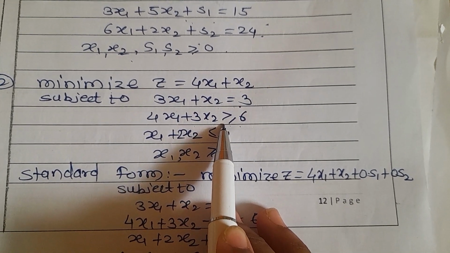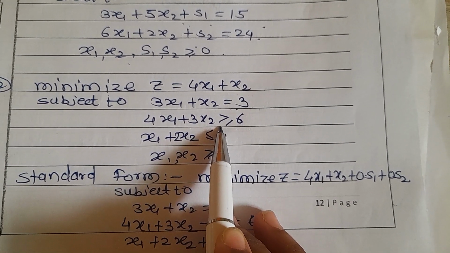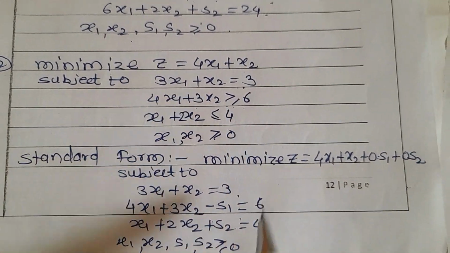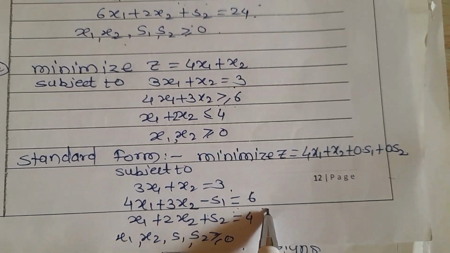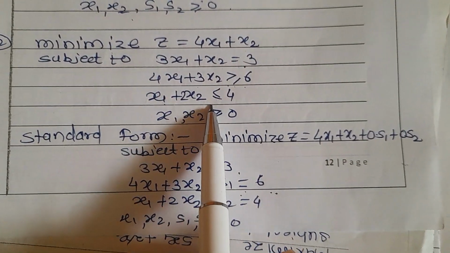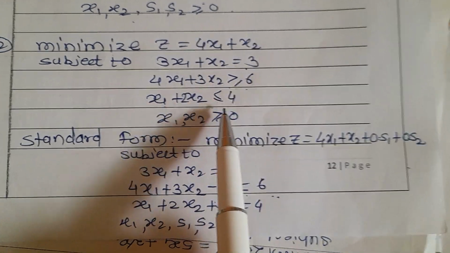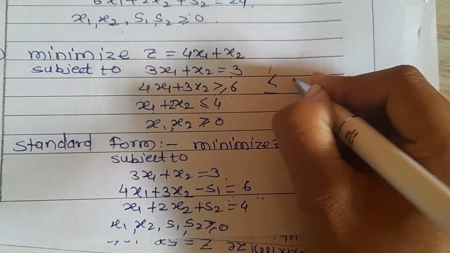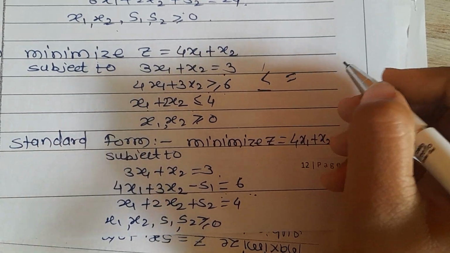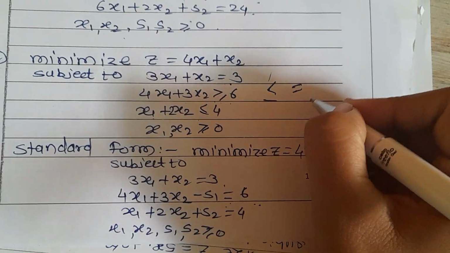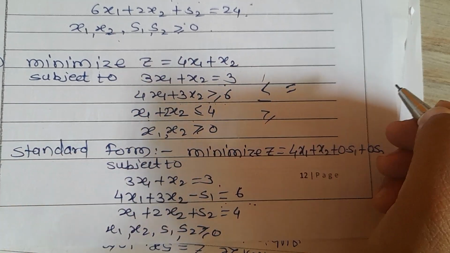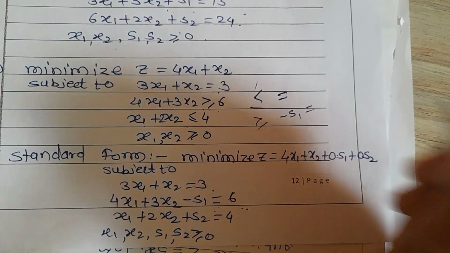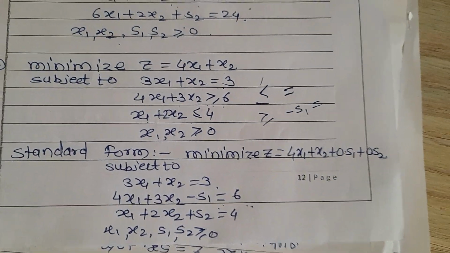Here we add only one surplus variable, minus s1, and it becomes equal to 6. Then x1 plus 2x2 less than or equal to 4, here we add a slack variable. If the constraint is less than or equal to, we convert it to equal to type by adding a slack variable, and if our constraint is greater than or equal to type, we subtract a surplus variable and it becomes equal to type.